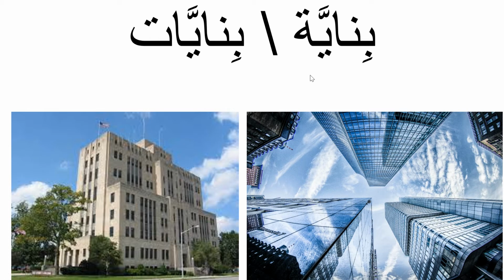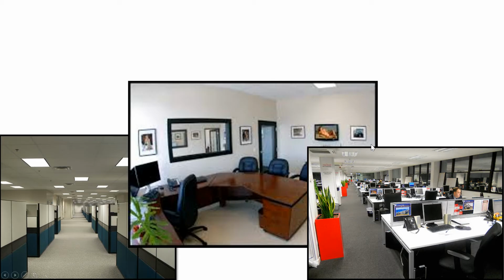So binayat Empire State, binayat Burj Al Khalifa, binayat World Trade Center, whatever your proper name is afterwards, right? So make sure you're mindful of that ta marbuta, making it sound like a ta if it's followed by a proper name.